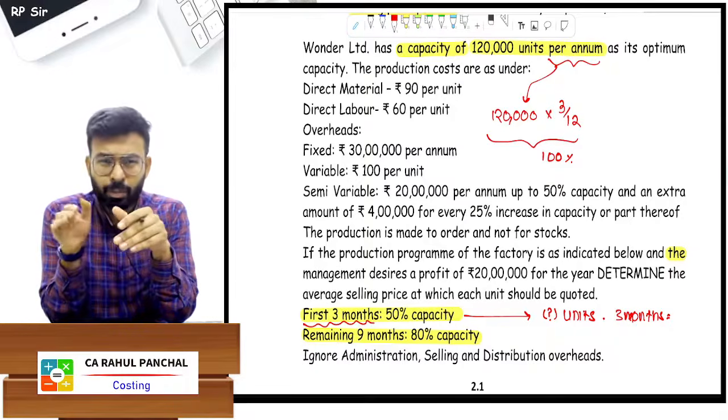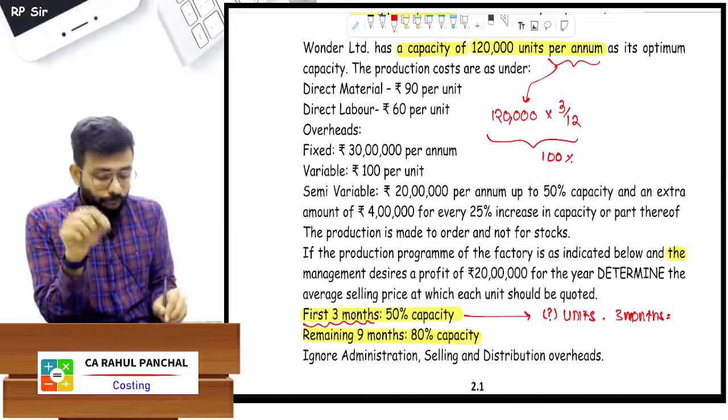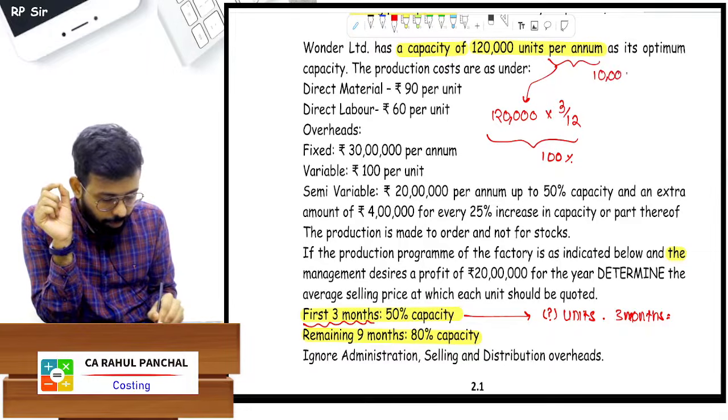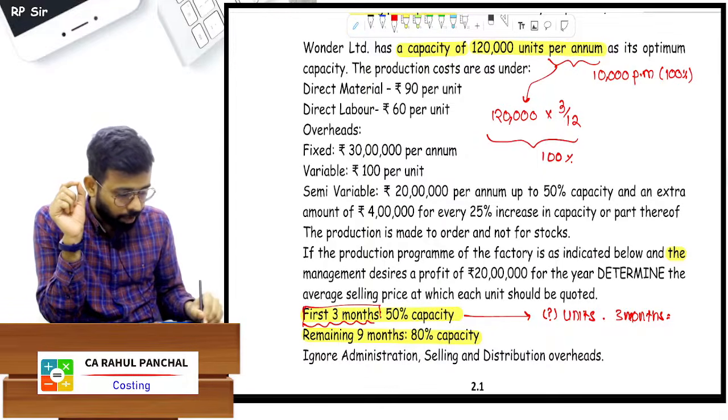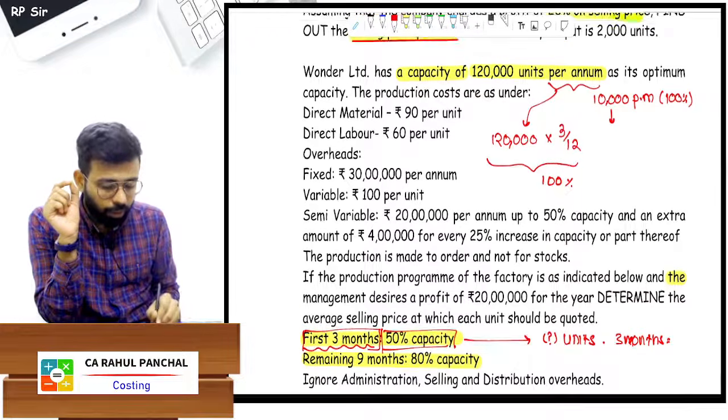That's why in 12 months you produce 1,20,000. Only if you work at 100% capacity. But in the first 3 months you are working at 50% capacity. It means you won't be producing 10,000, you will be producing only 5,000 per month, so for 3 months you will be producing 15,000.